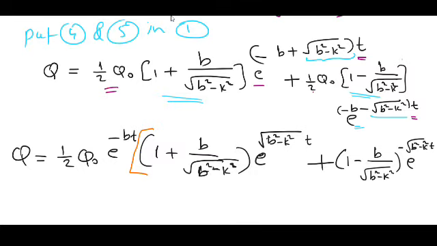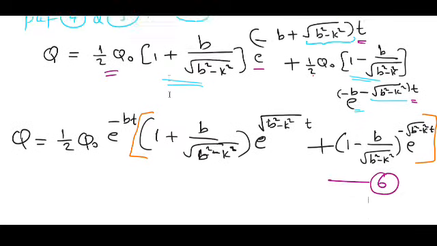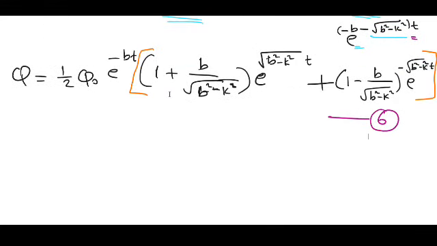Here our bracket closes. Fine. This is our equation number 6, and this is the expression for the decay of the charge in an LCR circuit.